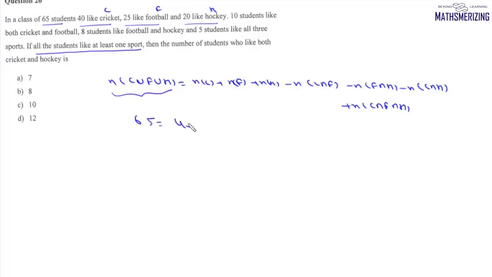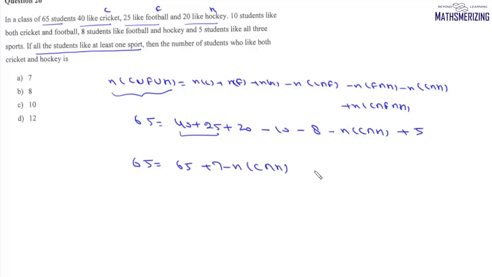Now n(C) is 40 plus 25 plus 20 minus cricket and football 10, football and hockey 8 and we need to find cricket and hockey, and then plus all 3 sports is 5. So we can write this as 65 equals 2 plus 5, 7 minus n(C intersection H). So the number of elements in C intersection H is simply 7 and that's your option number A. So the number of students who like both cricket and hockey is 7.